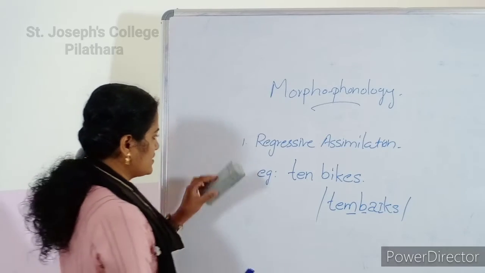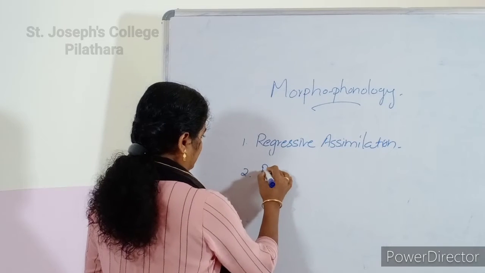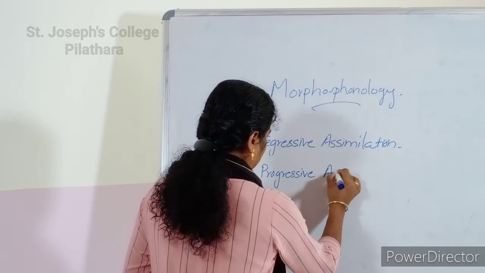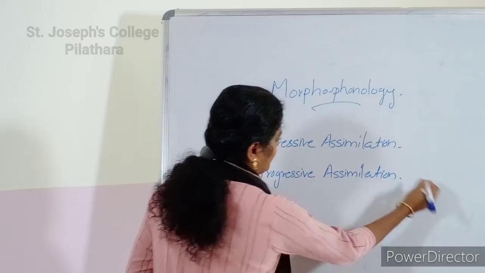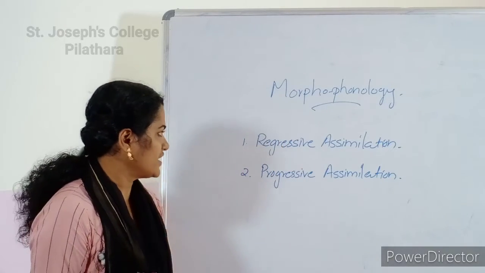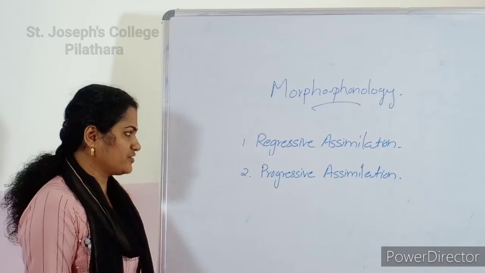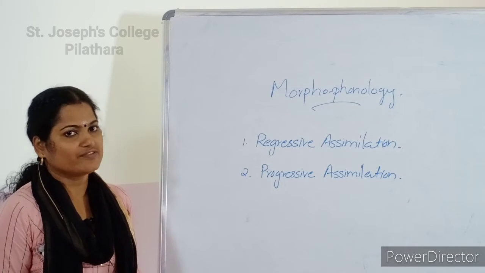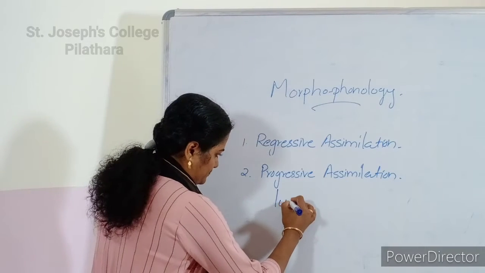And the next one is progressive assimilation. It's just the opposite of the other one. That is, if the features of a phoneme affect the phoneme following it, then it's known as progressive assimilation. For example, lunch school.